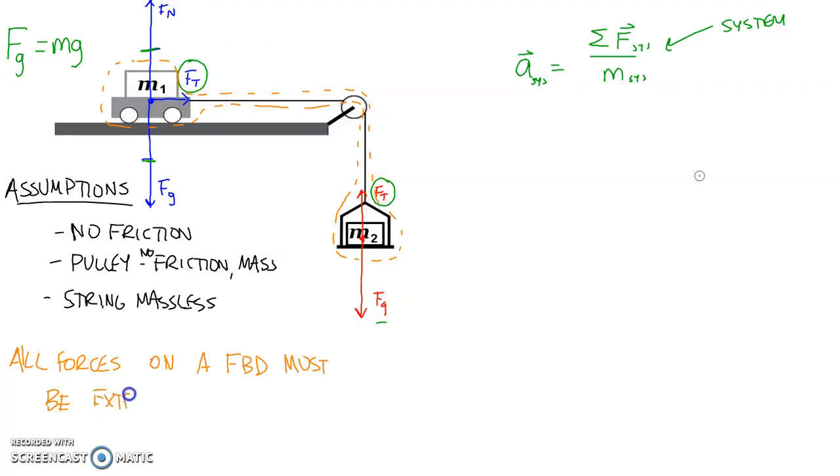External meaning that it's coming from outside of the system. So by including both of these masses in one system, we've actually kind of swallowed up the tension forces. These tension forces exist in this string, and that string is included in our system, and so therefore those tension forces cannot be drawn on our force diagram.